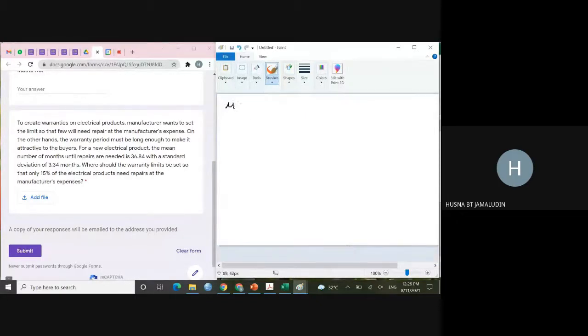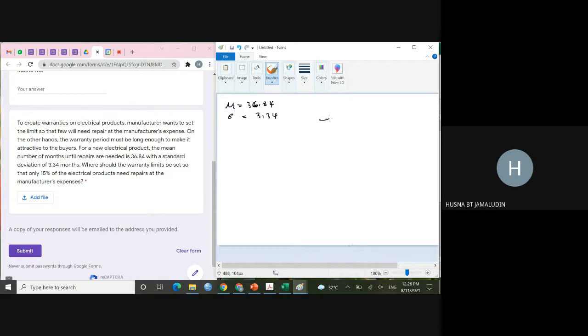So the mu is given here, 36.84. Okay. And the standard deviation is also given, which is 3.34. And where should the warranty limit be set so that only 15% of the electrical products need repairs at the manufacturer's expense? Okay.